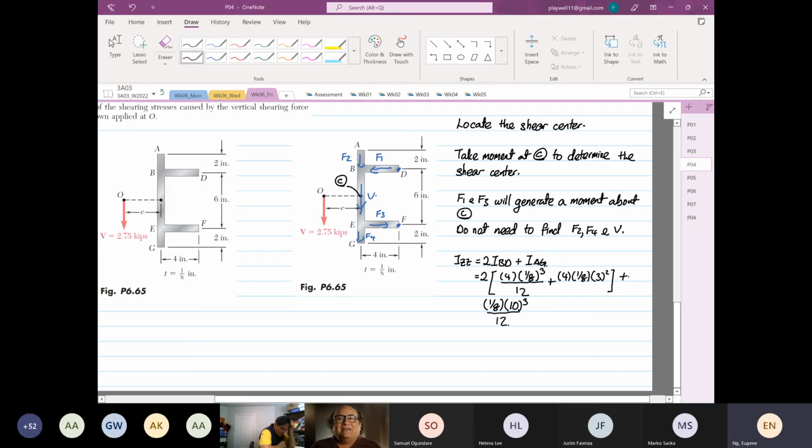Let me see again. Width, depth is 1 over 8. The thickness depends on orientation, so sometimes it is your depth. And then the area, centroid 3 squared. Then plus 1 over 8, the width, the depth is 10 cubed over 12. So this will be equal to 1 over 8 to the power of 3, times 4 divided by 12. Now, I forgot to tell you, this term over here is very small.